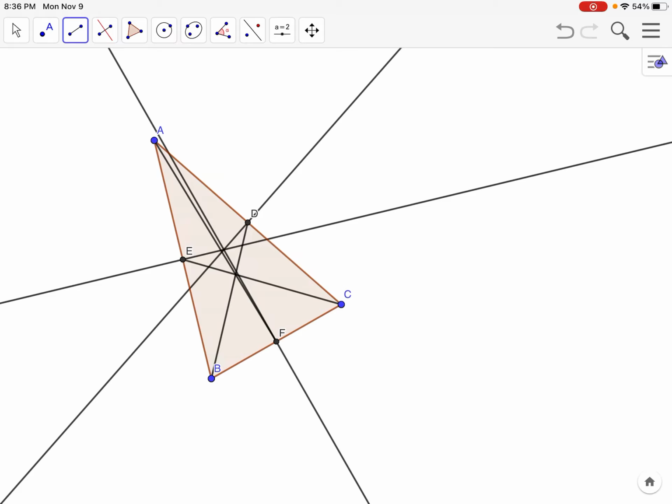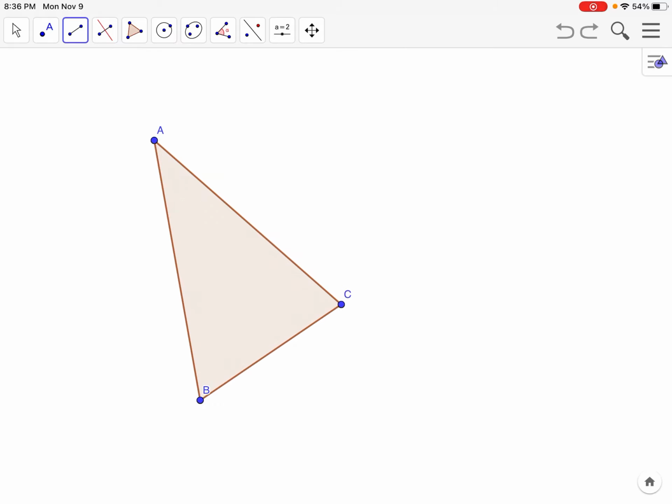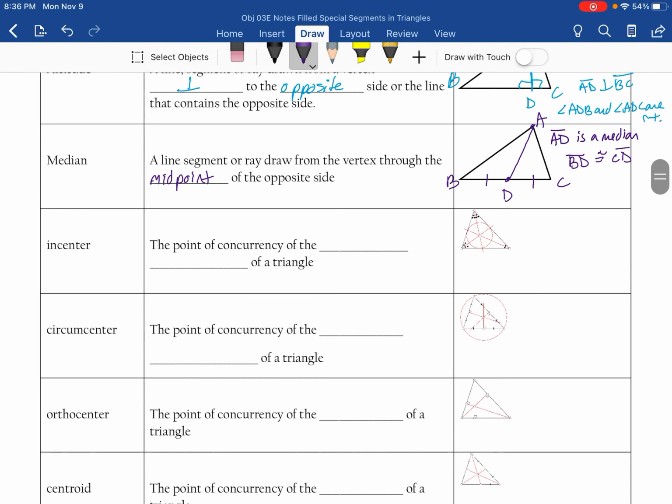It's actually the center of balance of the triangle, but I can't show you that.